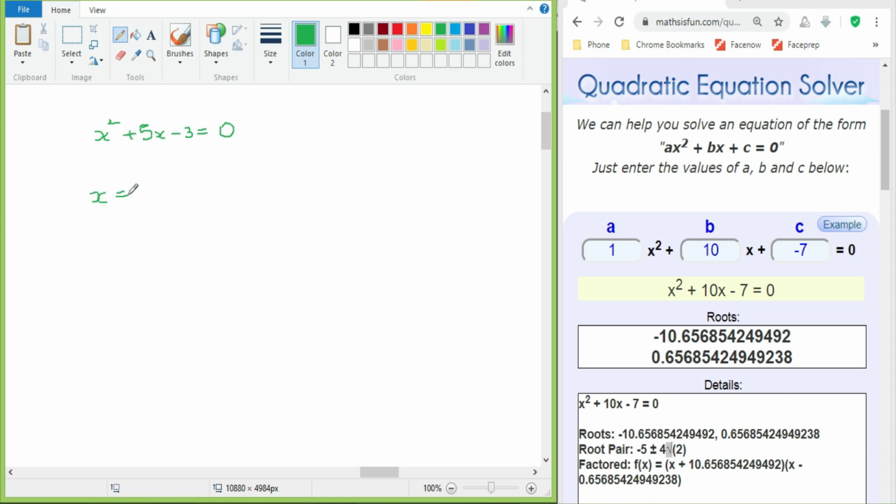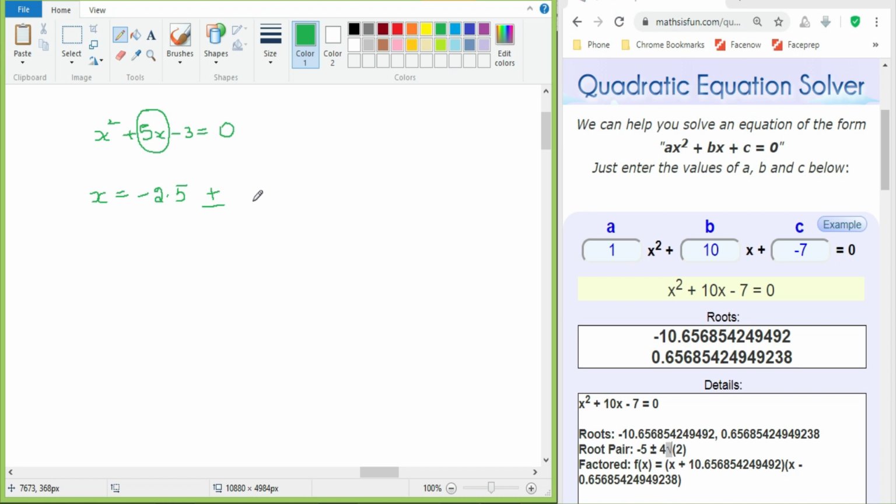x is nothing but first this divided by 2. 5 by 2 is 2.5. Since it is positive, I have to write it as negative, minus 2.5. Now our lucky thing is, we know how to calculate the square of any number which ends with 5, right? I have already told you in the previous session how to square any number ending with 5.